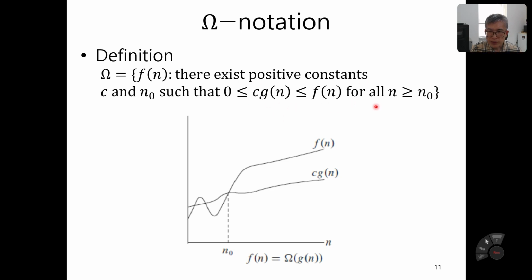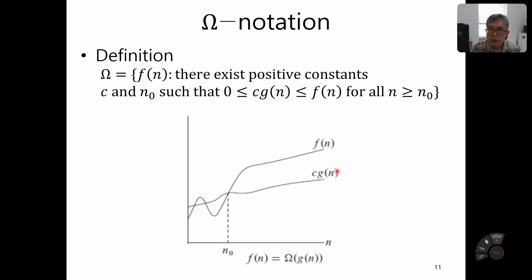For n greater than or equal to n0, where n0 is the threshold, f(n) is always greater than c·g(n). So c·g(n) is a lower bound.